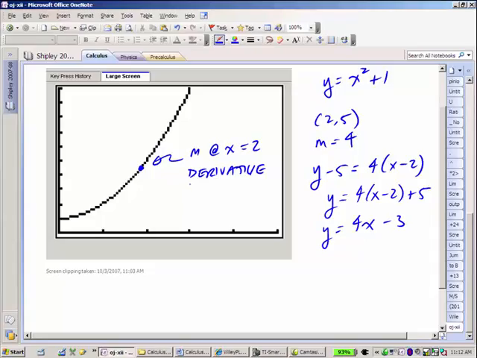There are 2 ways of notating it. The easiest way is attributed to Newton. Newton would say, find f prime of 2. And that prime, that little apostrophe, means find the slope at x equals 2. So 2 is the input, and the output is not the function, but the slope. Okay? So far, so good?